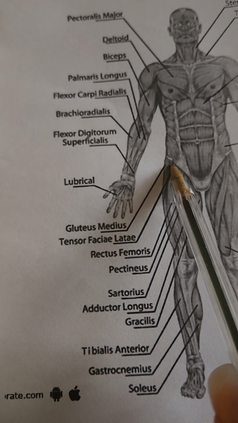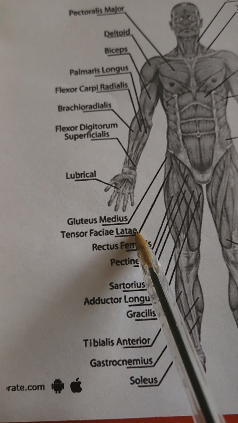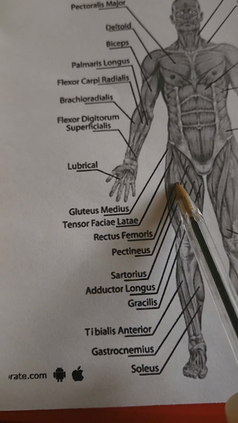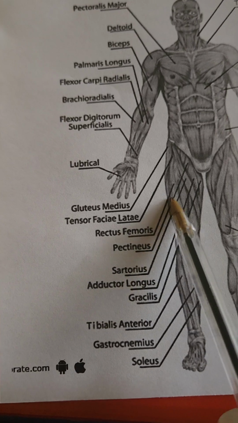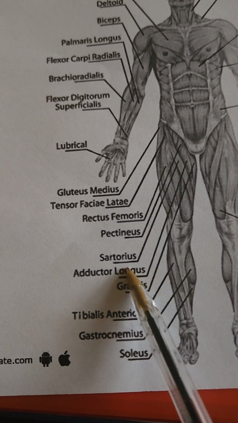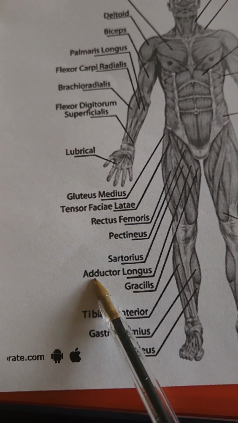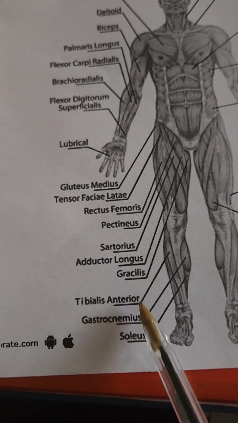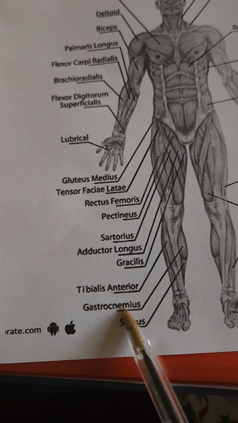Gluteus medius, close to your hip. Tensor fasciae latae, there. Rectus femoris is going to be in your thigh. Pectineus. Sartorius, right up here. Adductor longus. Gracilis. Tibialis anterior.